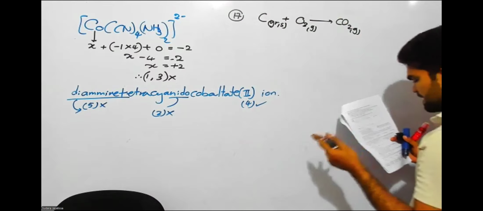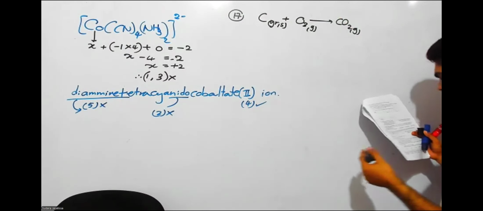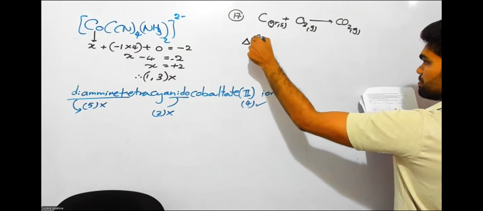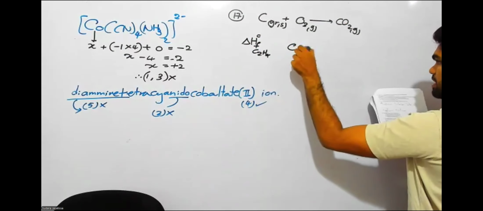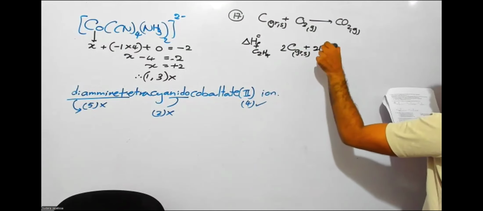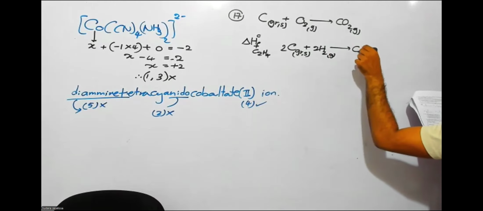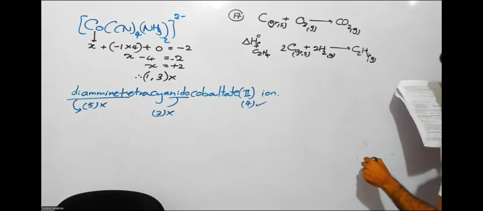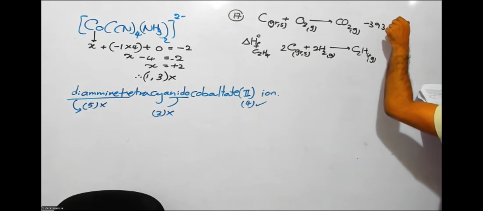Okay. And then they have given formation enthalpies of CH4 and those. Formation enthalpies of C2H4. That means 2 carbon graphite solid reacts with 2 hydrogen gas to give 1 mole of C2H4 gas. This value is minus 393.5.